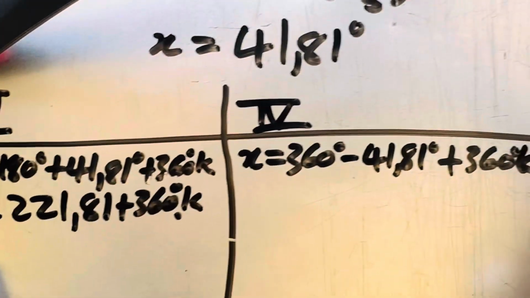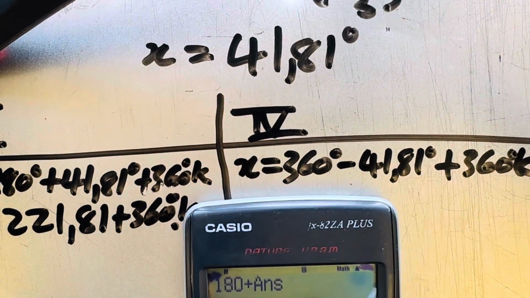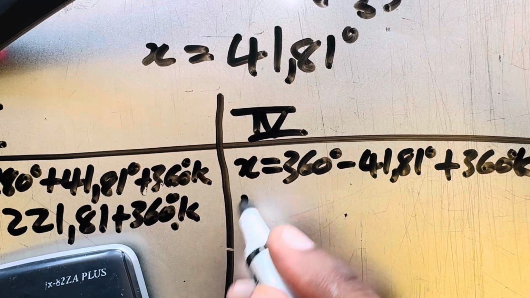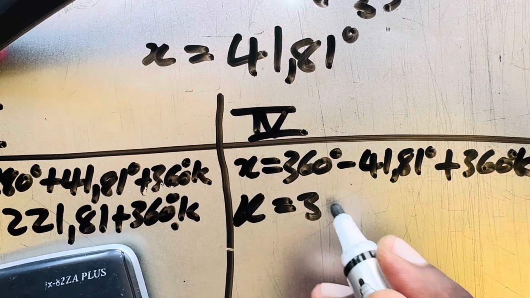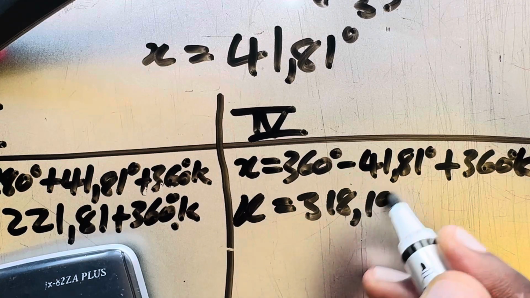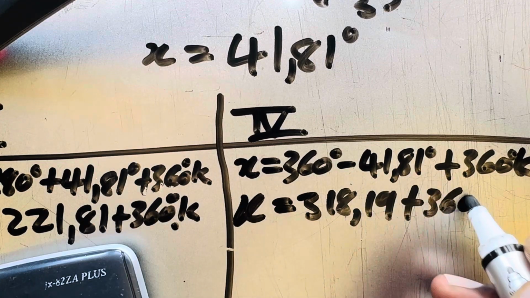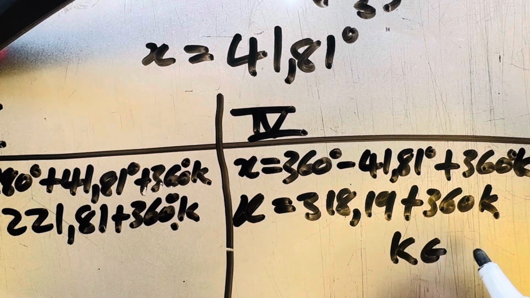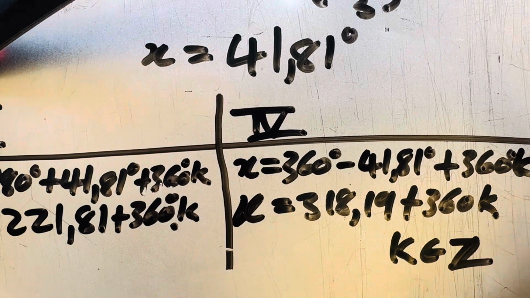This side we're going to have 360 minus 41,81, which is 318,19 plus 360K, where K is an element of the integers.